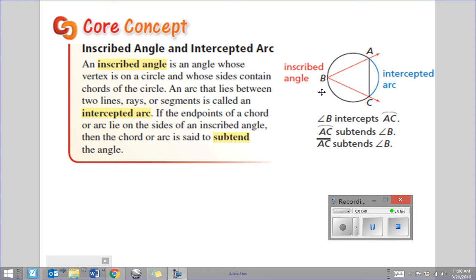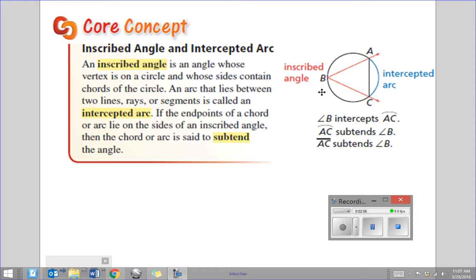Okay, so you guys should have this basically written down by now, or it's getting there. Inscribed angle, an angle whose vertex is on the circle. An arc that lies between two lines, rays, or segments is called the intercepted arc. And normally that intercepted arc is formed by the inscribed angle.